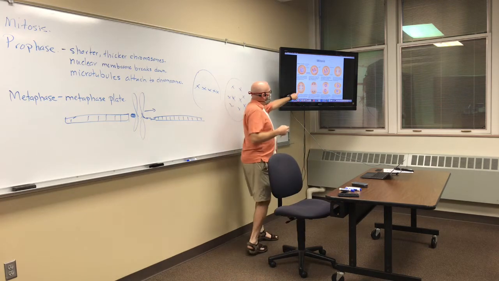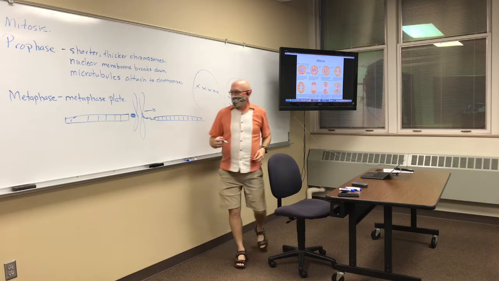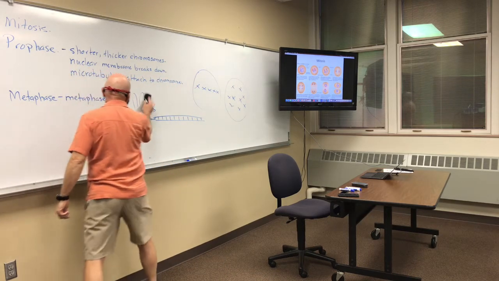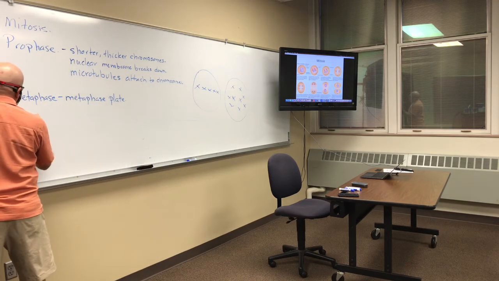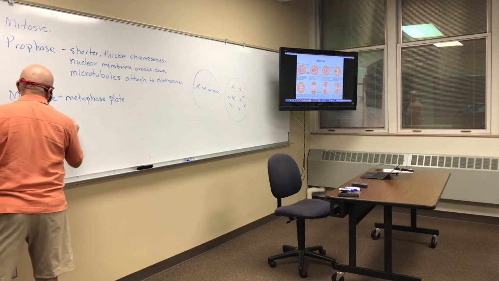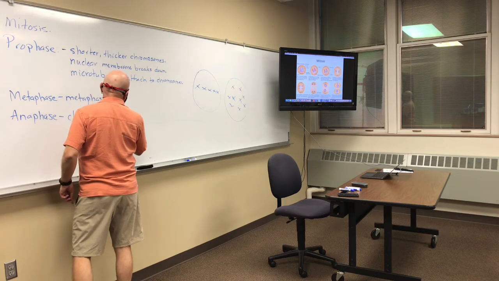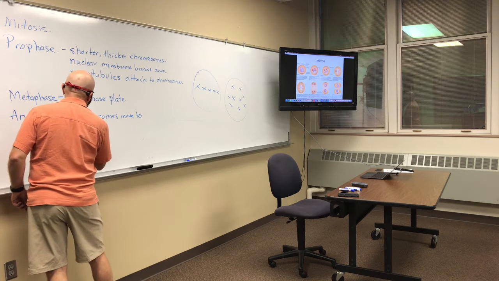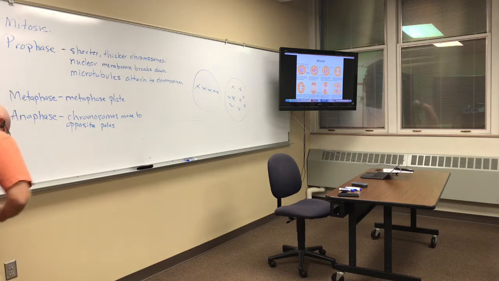This is what's happening in anaphase. The chromatids have split. These chromosomes are going to one side. These chromosomes are going to the other side. So in anaphase, they move to the opposite poles of the cell.